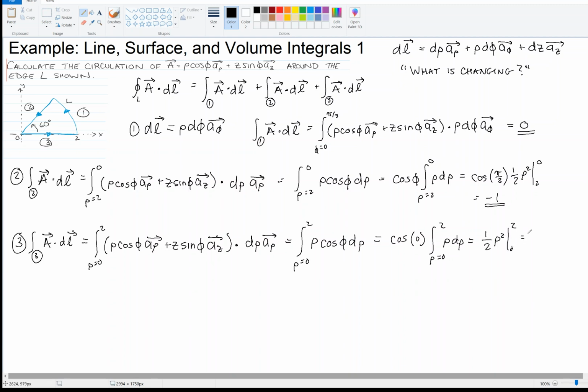So this is just 2. The question asked me to find the circulation of A as I go around that entire edge. So I add up these three components, 0 plus -1 plus 2, and I get 1 as my final answer.